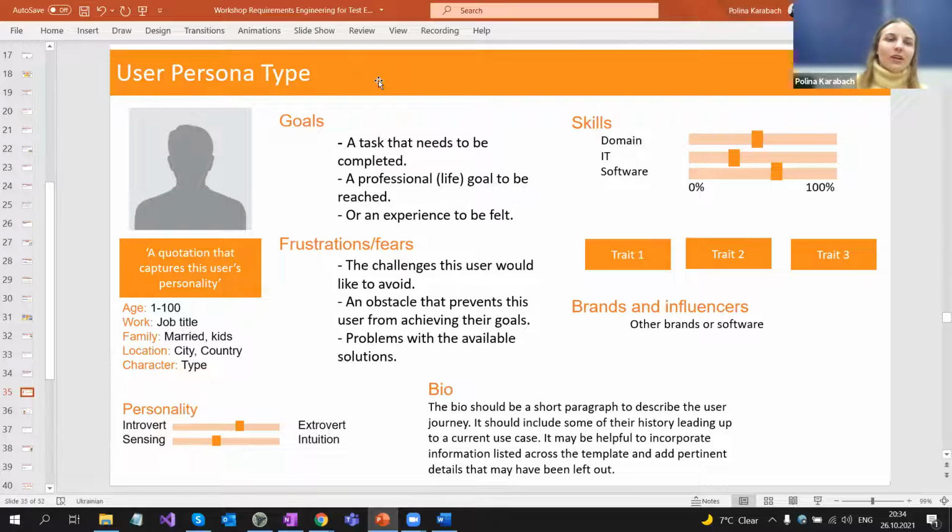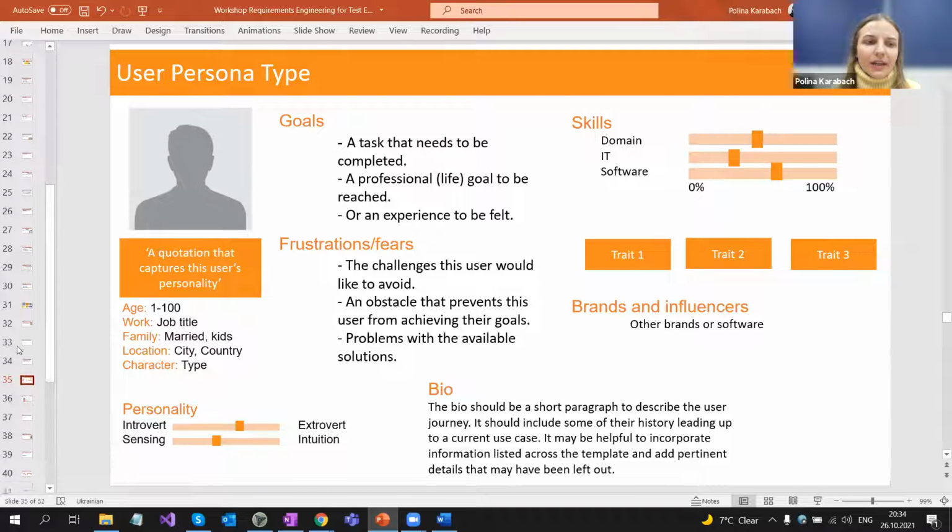For example, Sarah, the working mom. So we understand it's a person who is growing the career, but also is taking care of the family. And in this way, we define it more precisely.